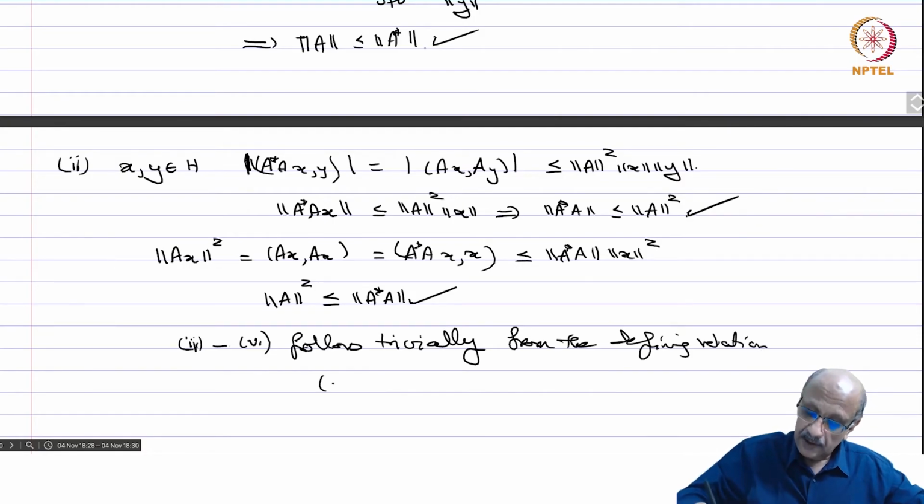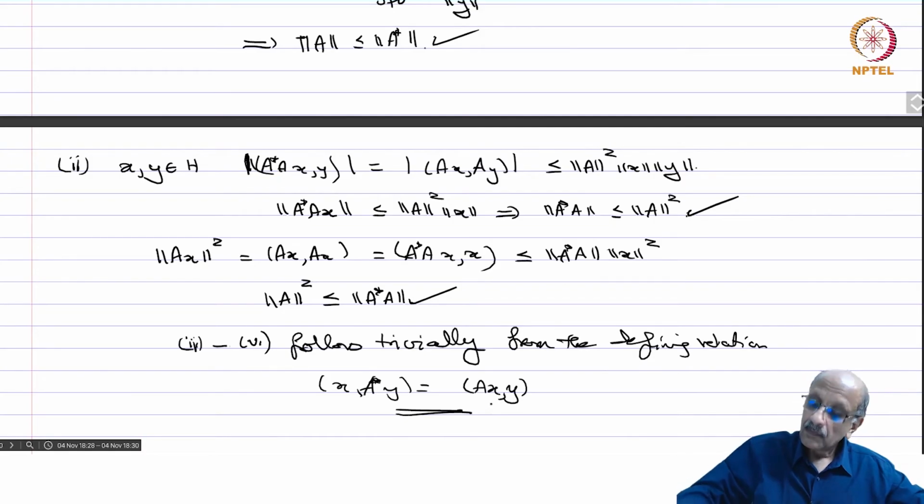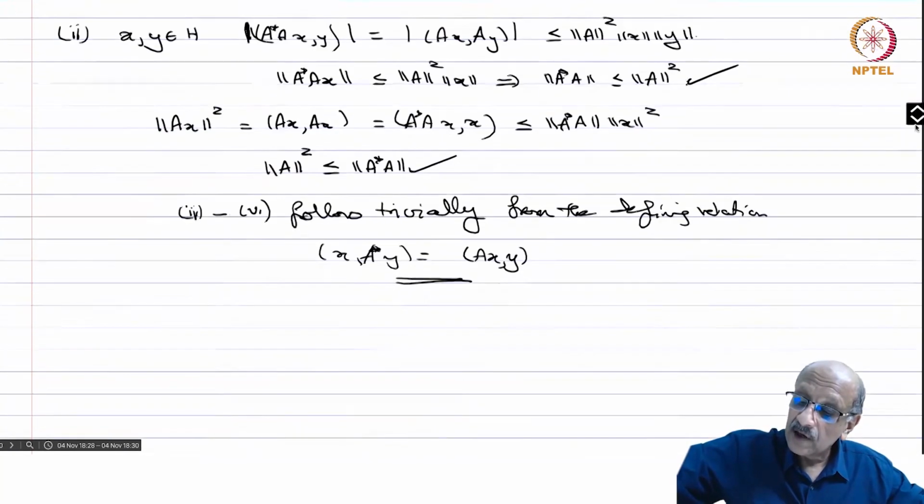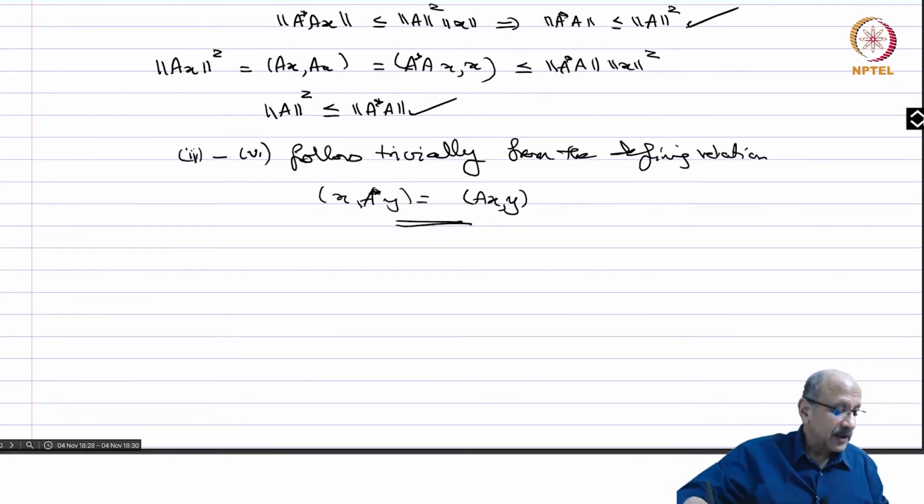What is that? (x, A star y) equals (Ax, y). So there's really nothing to prove there. It's a very simple exercise.